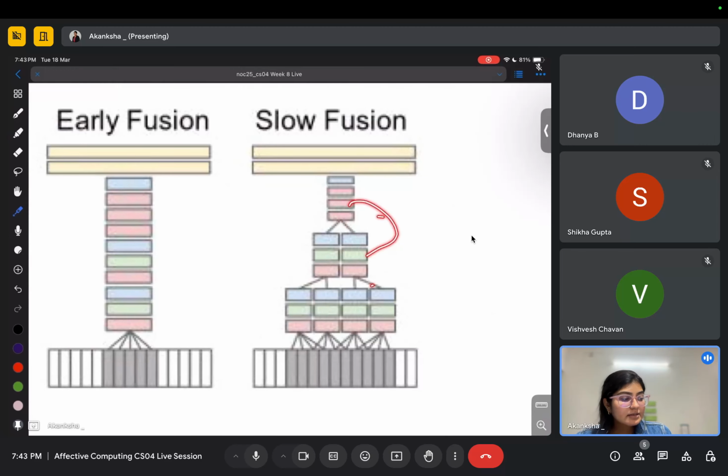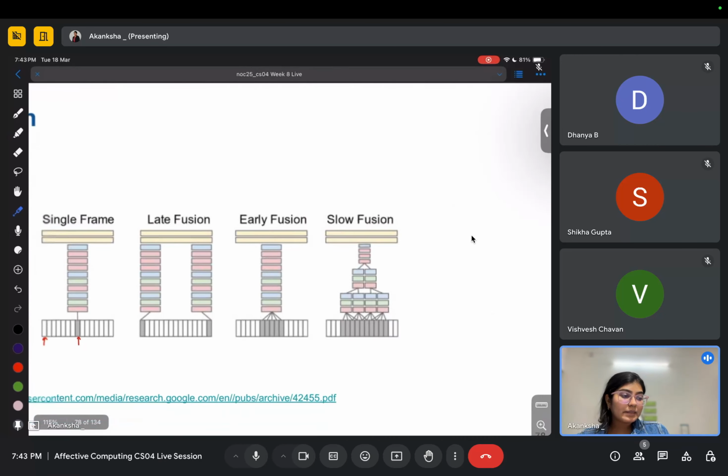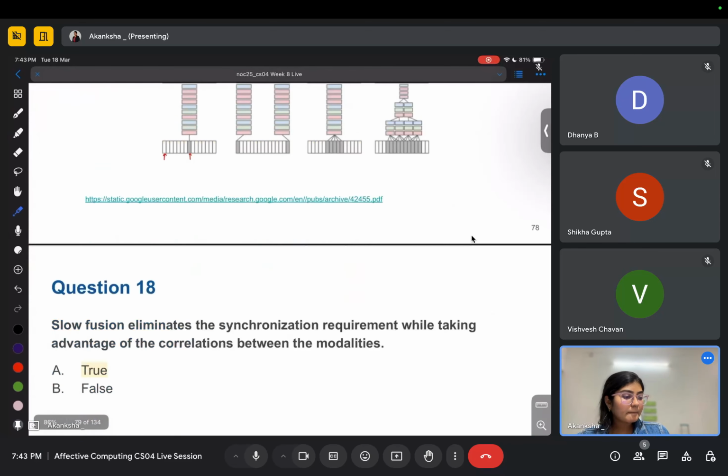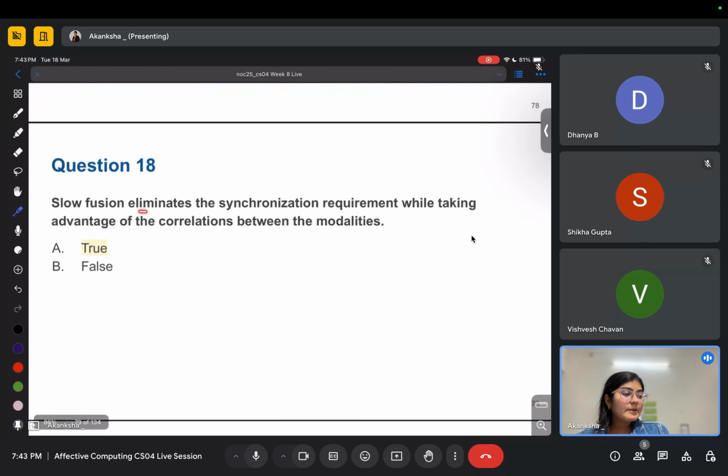So a hierarchy is going on. It is more of an intermediate fusion method, you can say. So it eliminates the synchronization requirement, and it also takes advantage of the correlation between the modalities. So the answer is true.